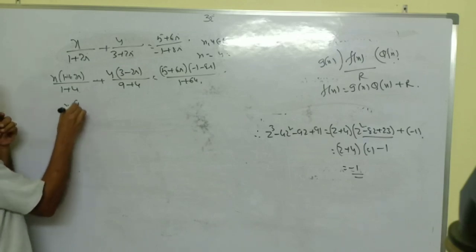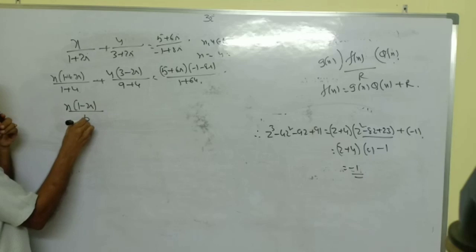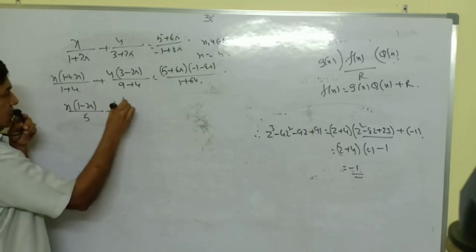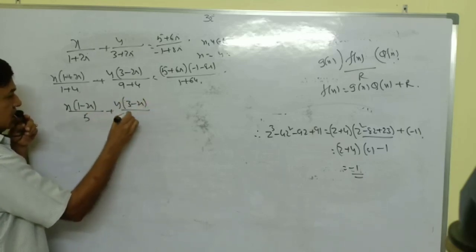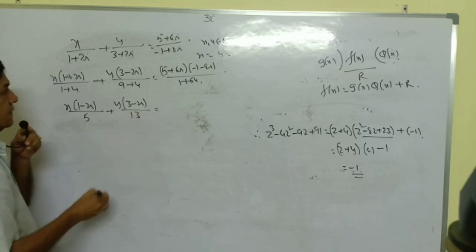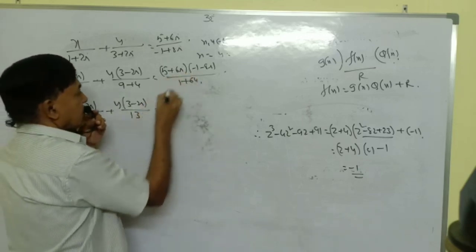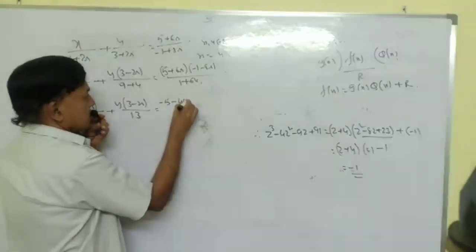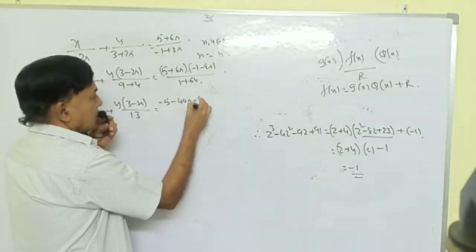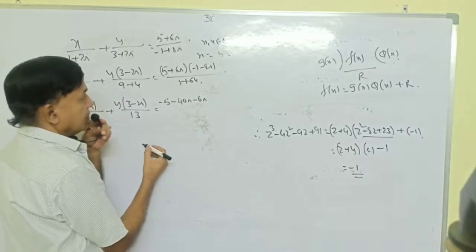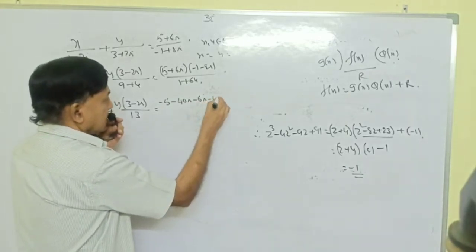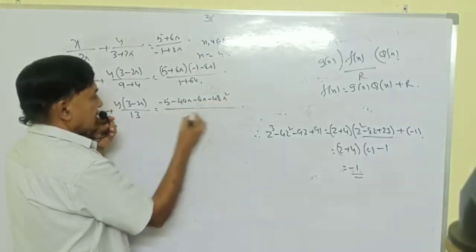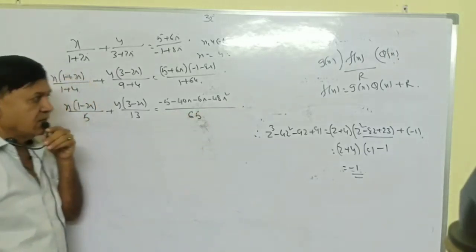So x into 1 minus 2i by 5, y into 3 minus 2i by 13, equals 5 into minus 1 means minus 5, minus 40i, minus 6i, minus 48i square by 65.